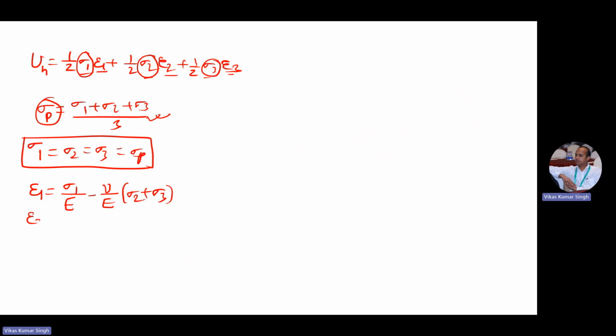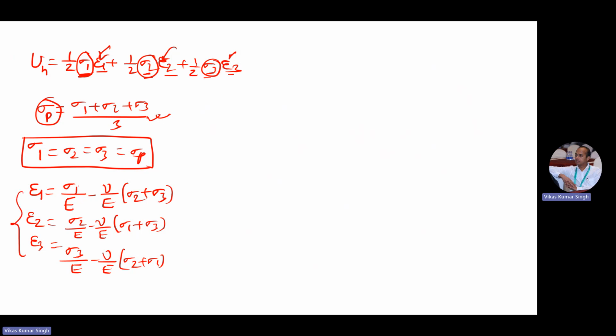Similarly, you write epsilon 2, which is sigma 2 by E minus nu by E, sigma 1 plus sigma 3, and epsilon 3, which is sigma 3 by E minus nu by E, sigma 2 plus sigma 1. Again you have to replace sigma 1, sigma 2, sigma 3 with sigma p.